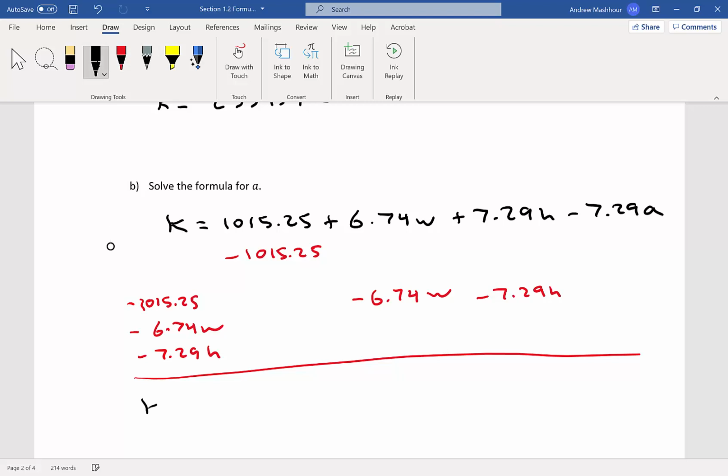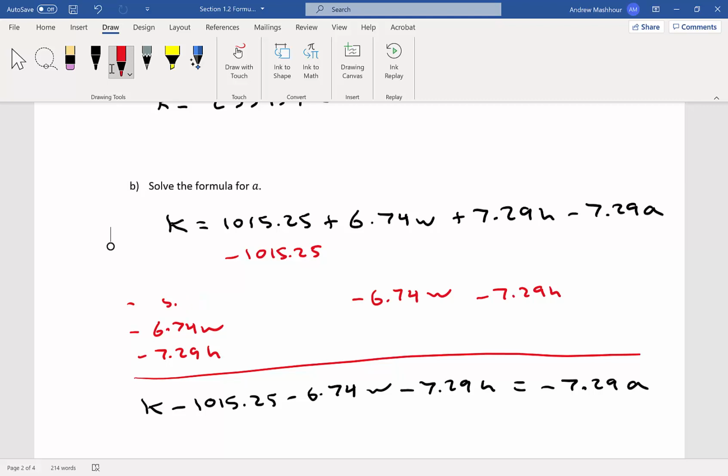Now I have K minus 1,015.25 minus 6.74W minus 7.29H is equal to negative 7.29A.